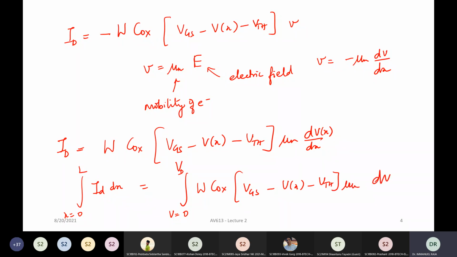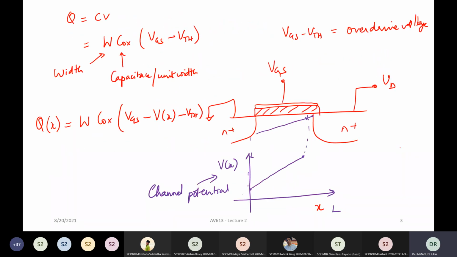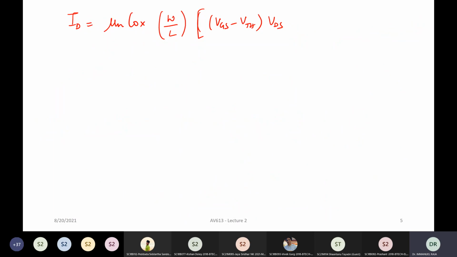So now if you integrate both sides and if you evaluate the integral, the current equation turns out to be something like this: mu n Cox W by L. You have VGS minus VTH into VDS, because the source is at ground potential. Here everything is referenced to the potential of the source, and therefore you write everything as related to the source potential.